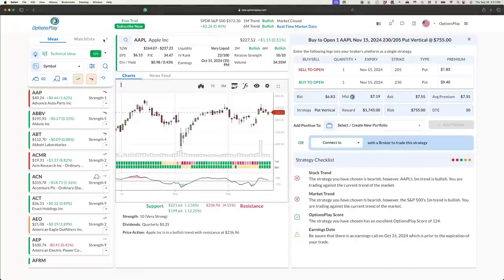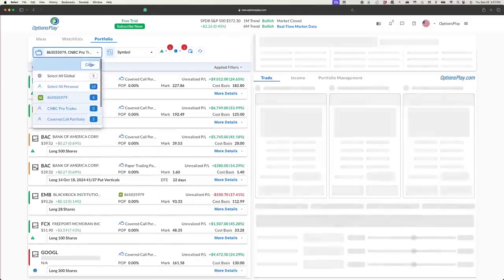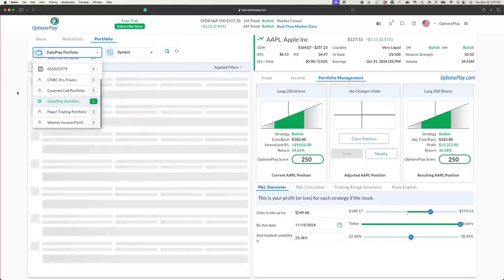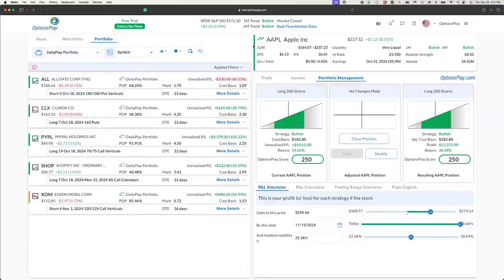More importantly, I think the portfolio is something that people struggle with a lot as well. When you're looking at a portfolio, let's pull up our daily play portfolio for a second and say, okay, based on this portfolio, what should we do? So what we can do here is take a screenshot of our portfolio.